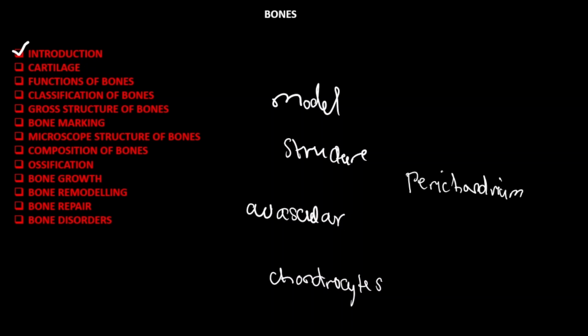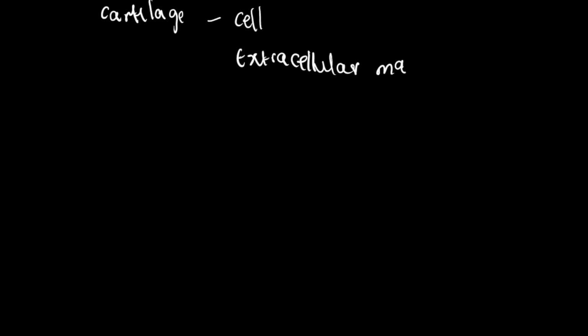That blood supply is provided by the perichondrium, which is a dense irregular connective tissue. Now, it's good to note that cartilage is a connective tissue, and typical of every connective tissue, it's made of cells and an extracellular matrix, which is made of fibers and ground substance.